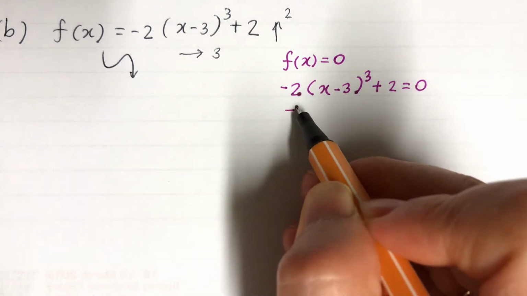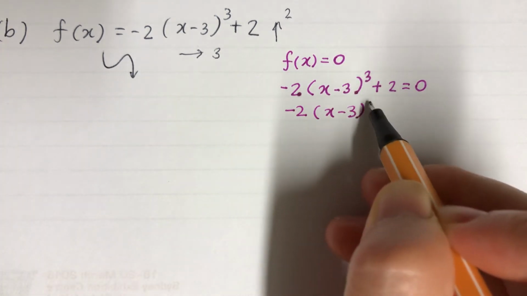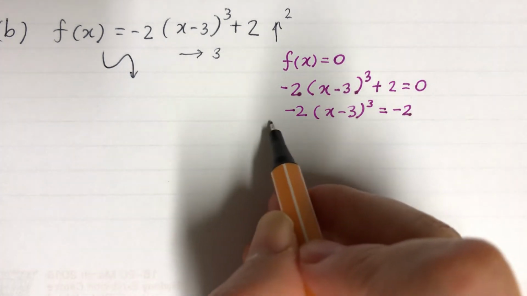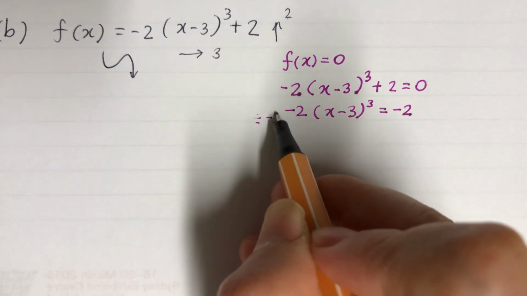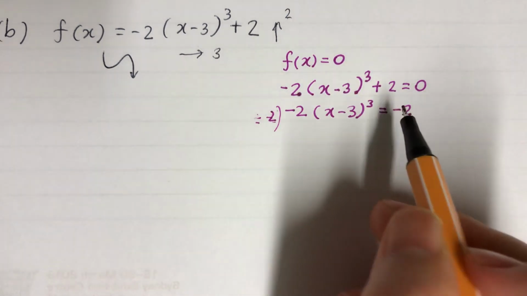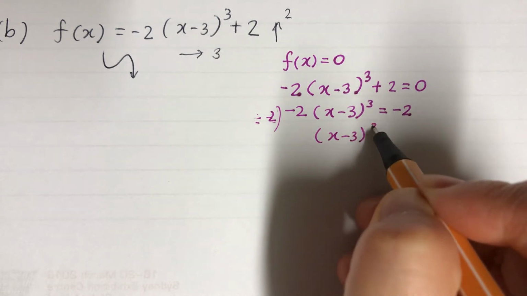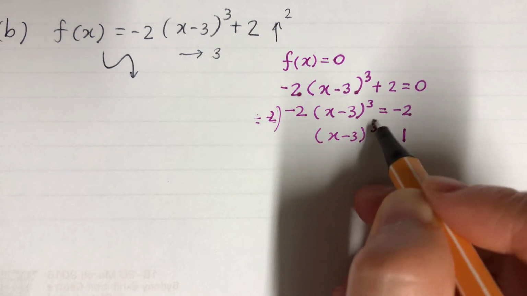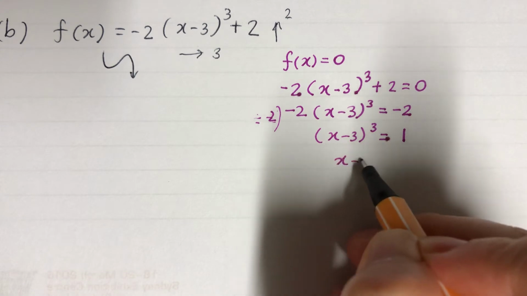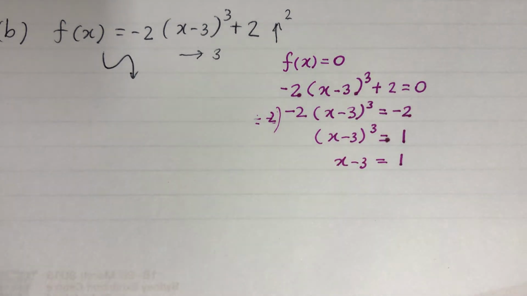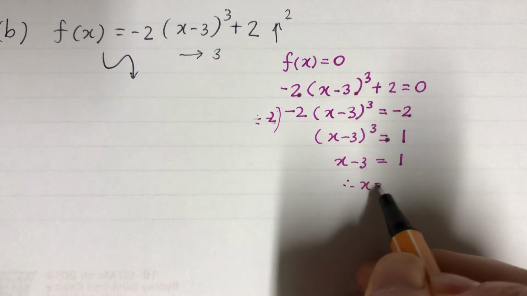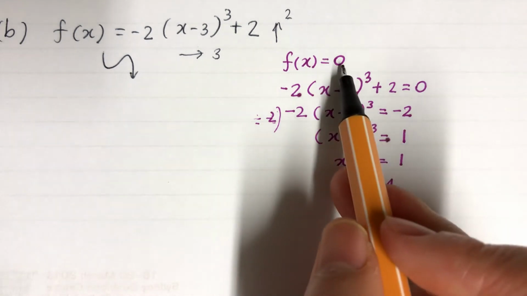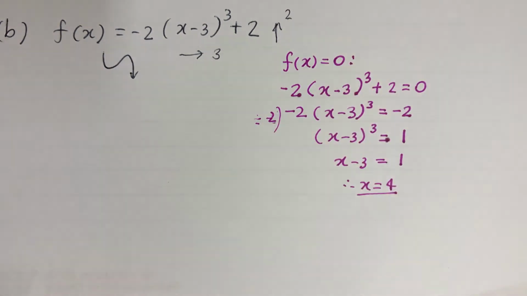And I'm going to move that to the other side, and then I'm going to divide by minus 2 on both sides. I will get x minus 3 cubed equals 1. And of course, if I take the cube root of 1, I'll just get 1. That's not a big deal. And therefore x equals 4. So my x-intercept will be 4 when y equals 0.